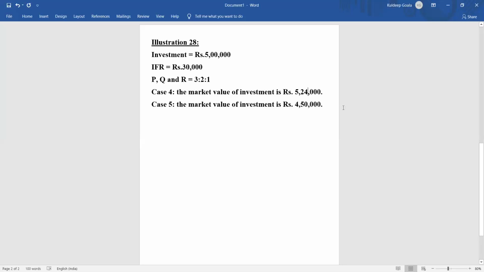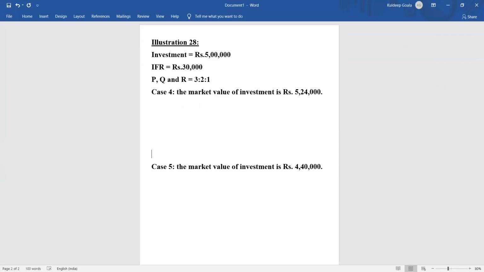It's just for calculation purposes that I'm adjusting it, nothing else. And here also I'll make it 4,40,000, just for calculation purposes, so that the calculation becomes very easy.